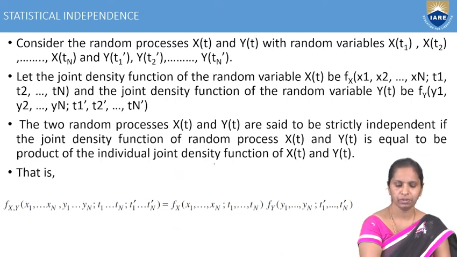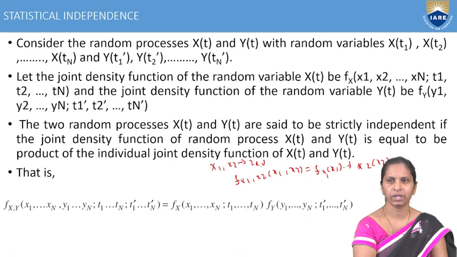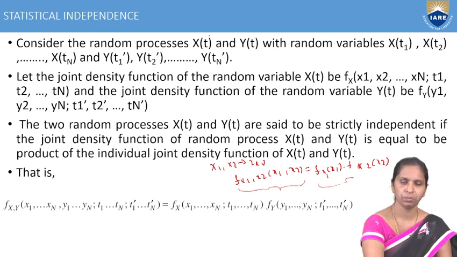For example, if x1 and x2 are two random variables, then these two random variables are statistically independent if their joint distribution, the joint density function, is equal to the product of their marginal density functions, fx1(x1) into fx2(x2). The same concept I'll apply to the random process also.